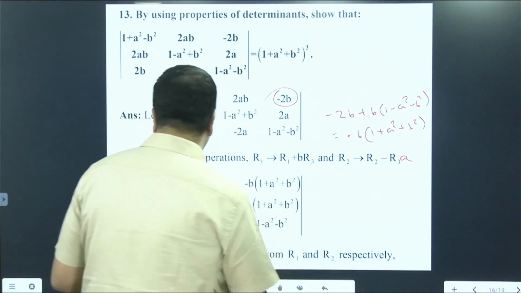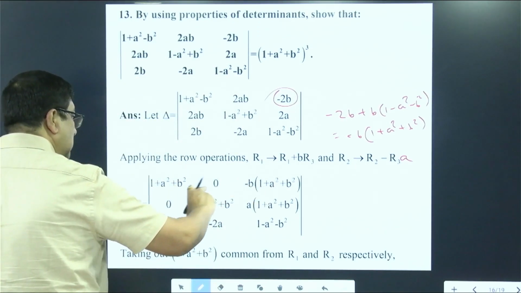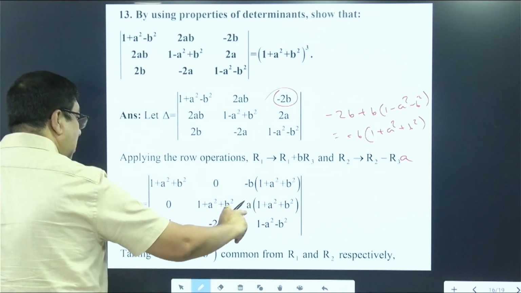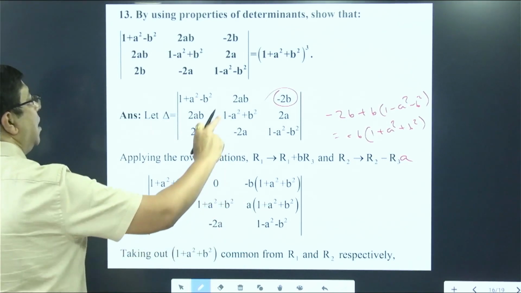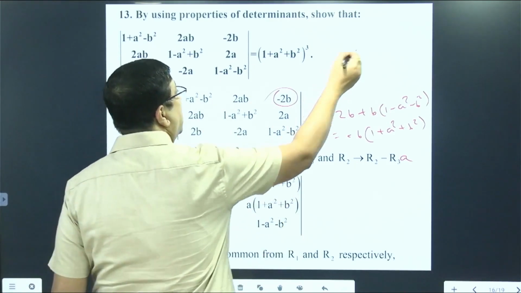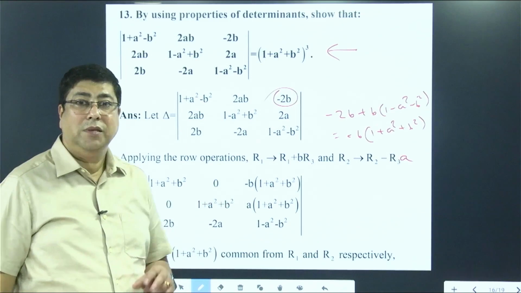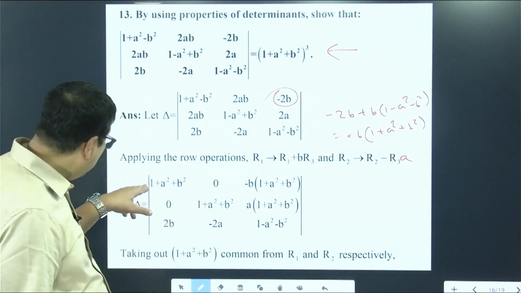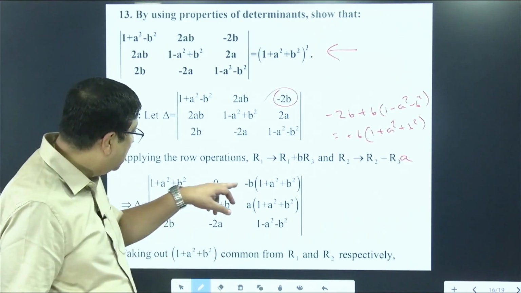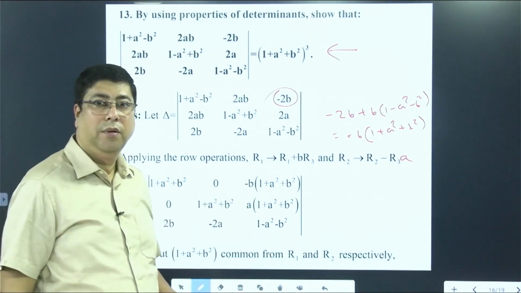We are taking 1 plus a square plus b square from the first row, and from the second row also 1 plus a square plus b square. So we need 3 of 1 plus a square plus b square, but here we got already 2 of them. It means once again we are taking 1 plus a square plus b square from the first row and from the second row.